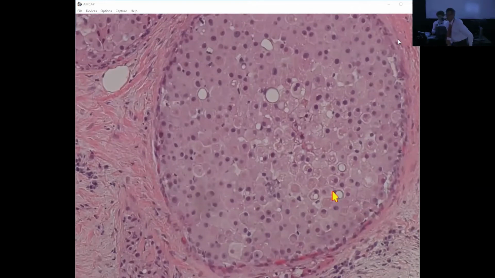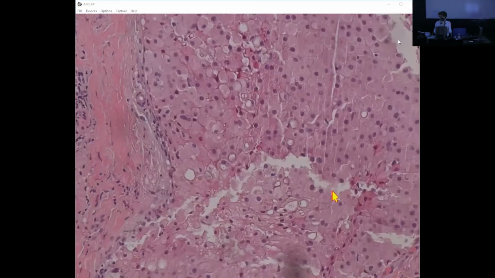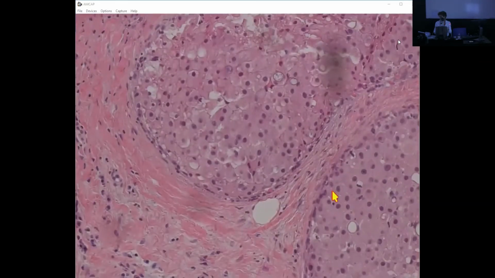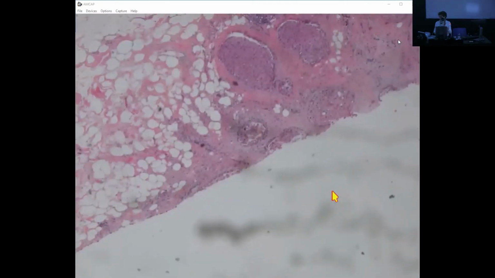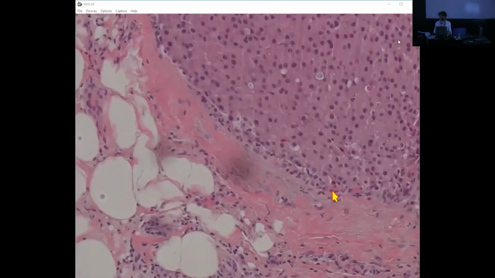Oh, sorry. For something like this, I think you would say that it's florid LCIS with, I think I said before, I sometimes say with focal features of pleomorphic LCIS when there is some nuclear atypia, or nuclear pleomorphism, but it's not enough to tip me over to PLCIS. I agree.